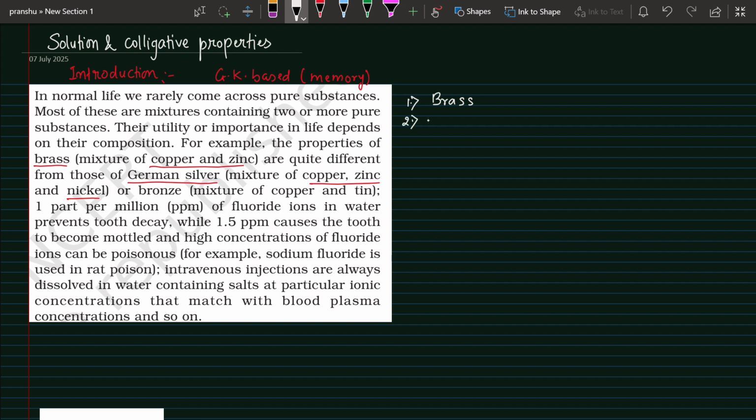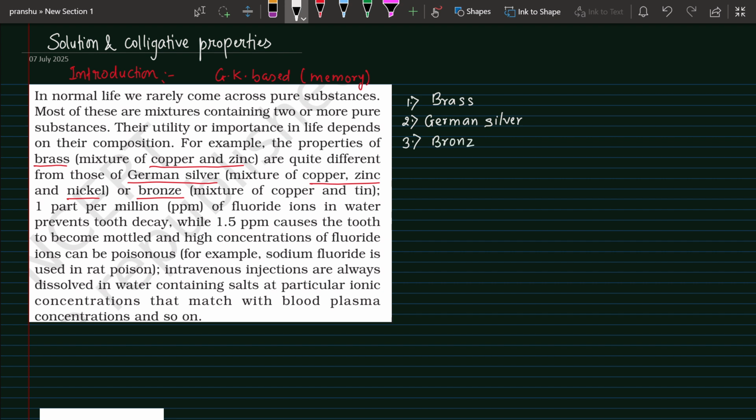Number 2, German silver, a composition of copper, zinc and nickel. Similarly, the third question is bronze, a mixture of copper and tin.